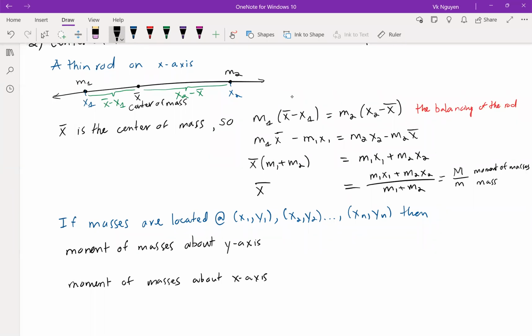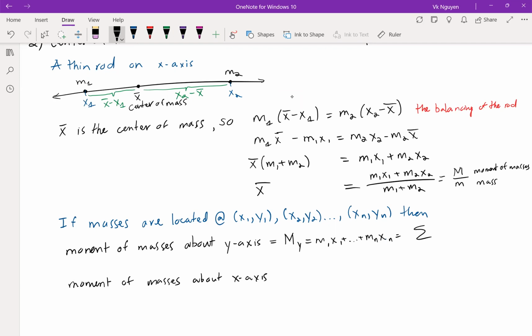Let's see, it's going to be m1 x1, m2 x2, all the way up to mn xn. That is m1 x1 plus dot dot dot plus mn xn.